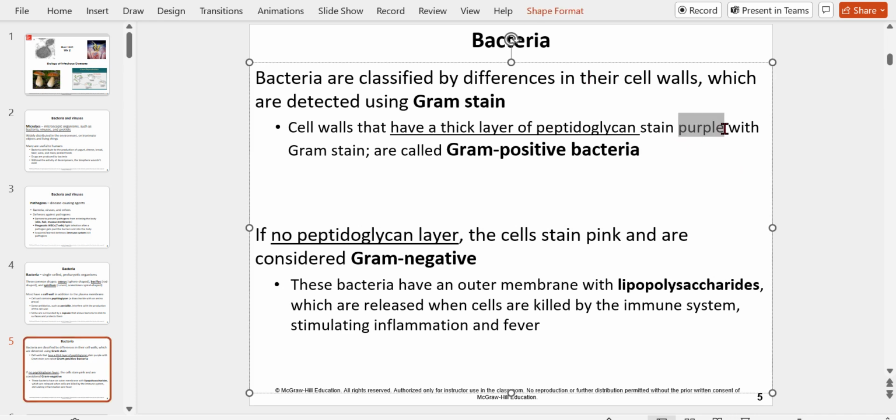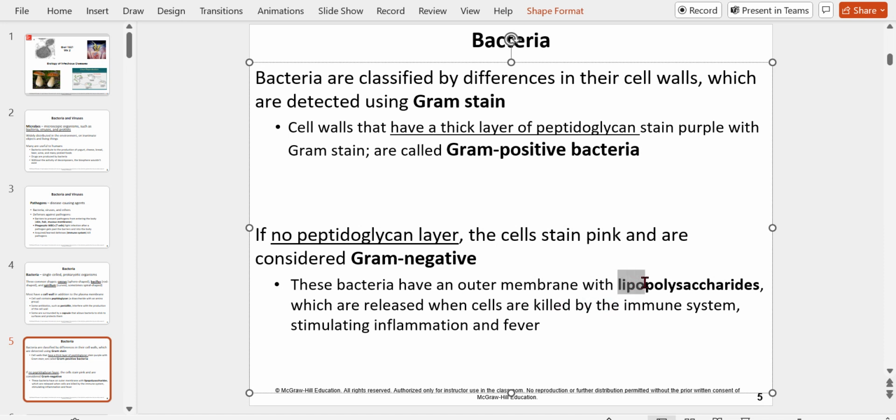Gram-positive are purple. If there is no peptidoglycan layer within the cell wall, the cells stain pink and are considered gram-negative. Pink is gram-negative.